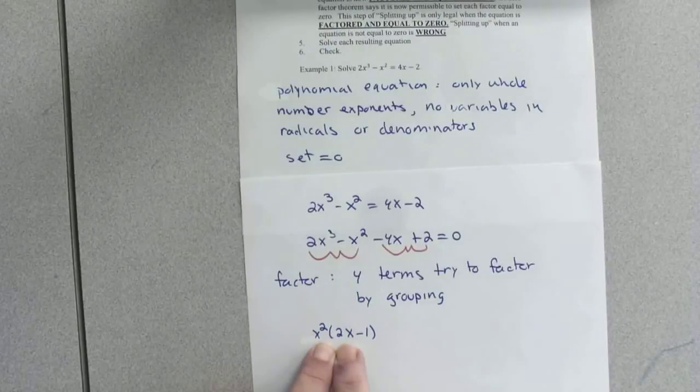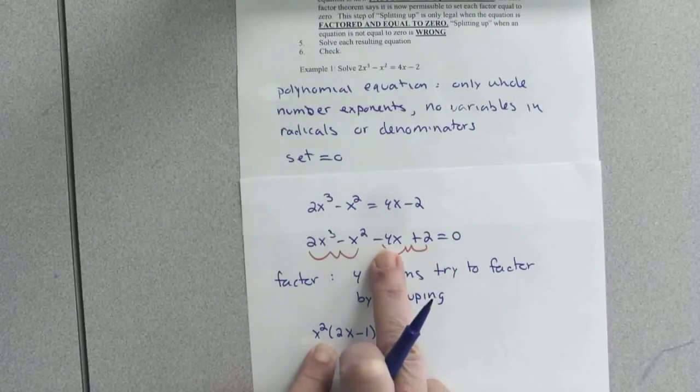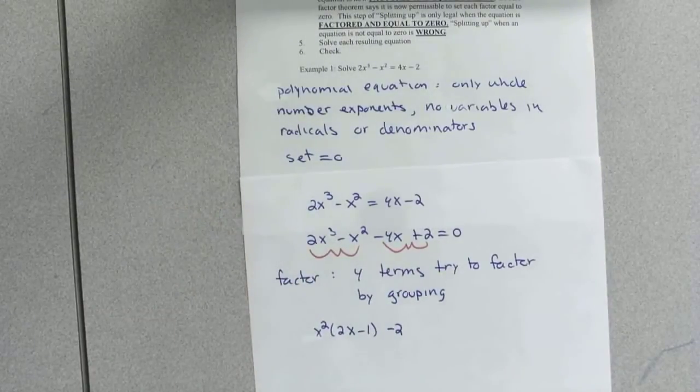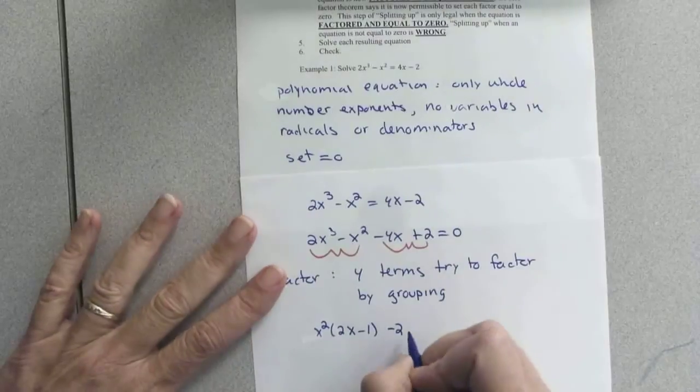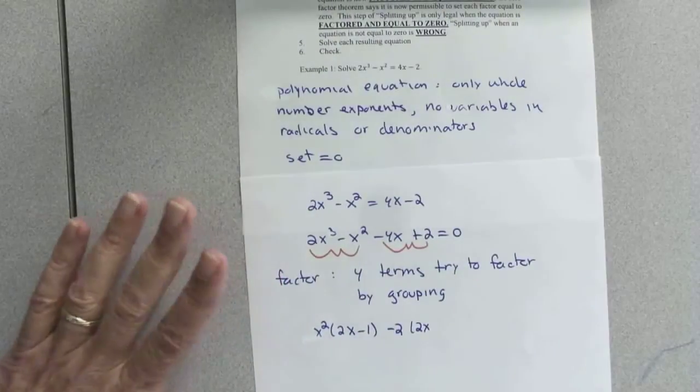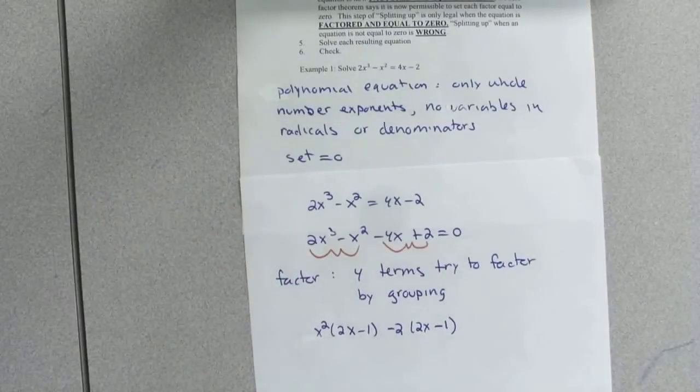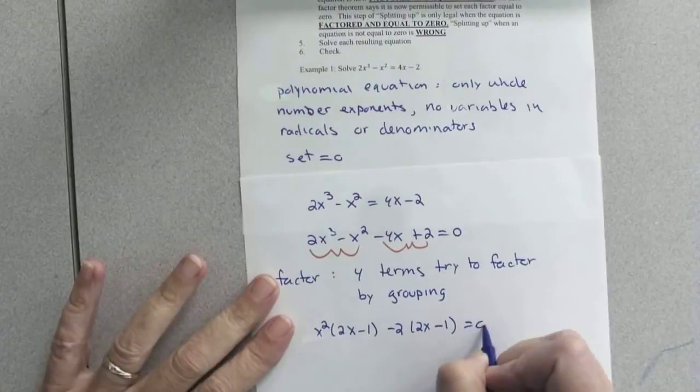I want a positive 2x. Because this is negative 4x, I'm going to factor out a negative 2, and that's going to change my signs to positive 2x minus 1. Remember, whenever you factor out an entire term, a 1 is left behind, because you really are doing a version of division here. 2 divided by 2 is 1, equals 0.